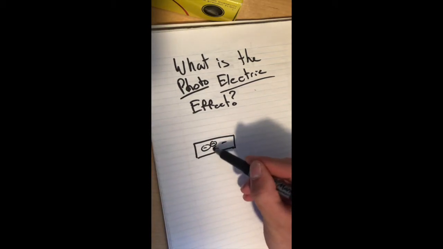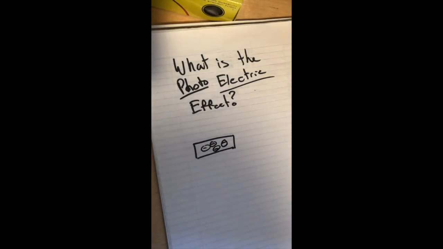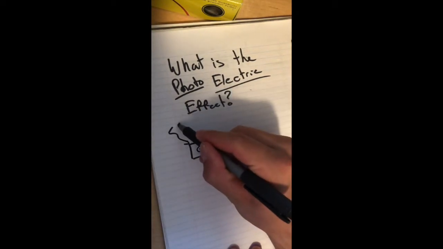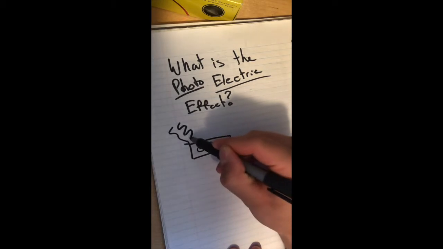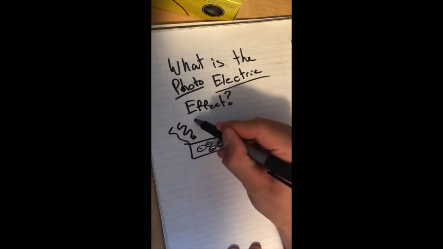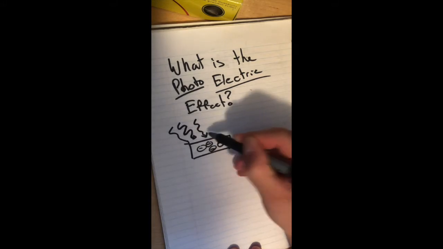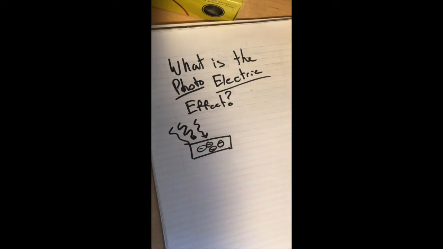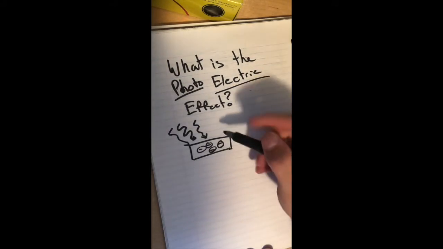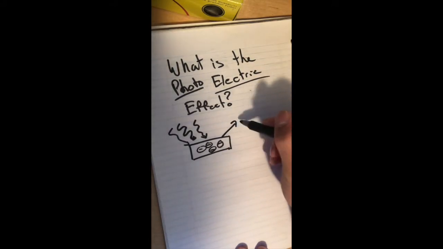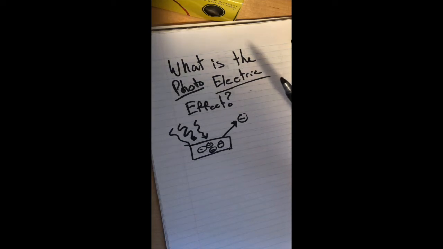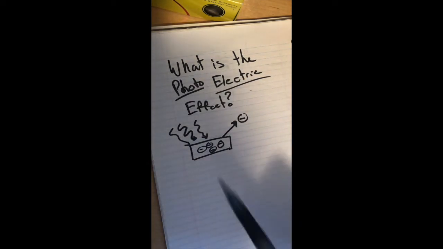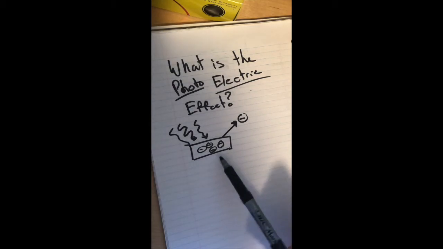So when light comes and hits the metal, I'll make a little better waves here. Boom, boom. What happens is these electrons here are liberated, okay? So these electrons jump off. So they thought that all wavelengths of light would make an electron fly off.